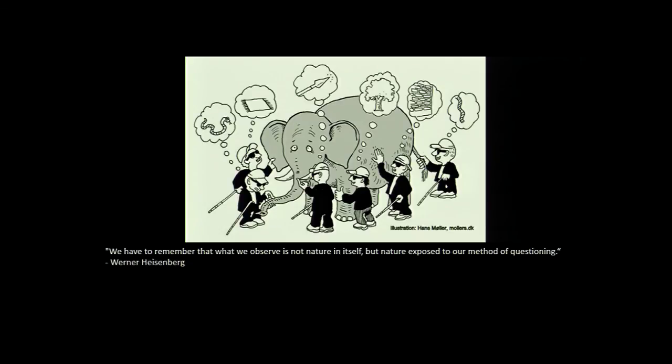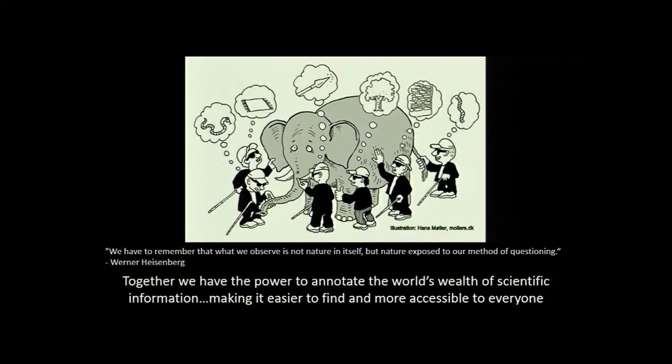They can either argue with one another and say, I'm right, or they can work together to come up with a kind of final answer. That's what we'd like to do: let people annotate papers in their own ways, but then work together to annotate all the wealth of the world's scientific literature, so that it's more accessible for the community and easier for you to find what you're looking for.